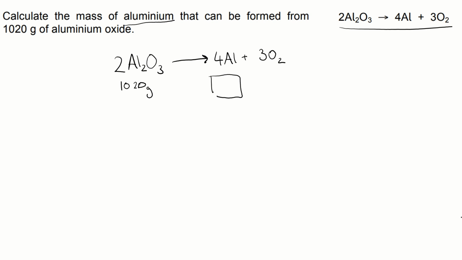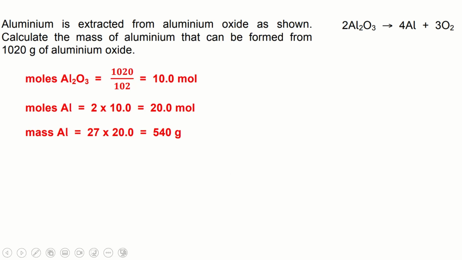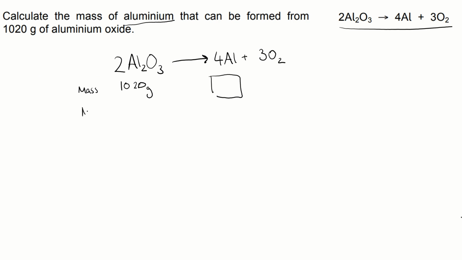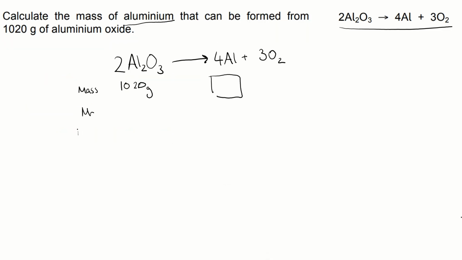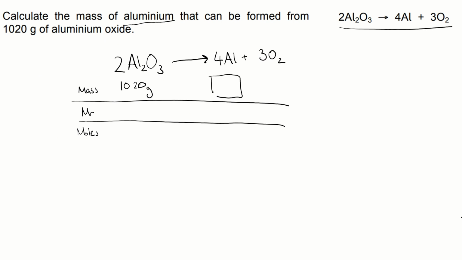Now my first line is mass, my second line is MR, and my third line is moles. Every single time you do one of these reacting mass calculations, you need these three lines.